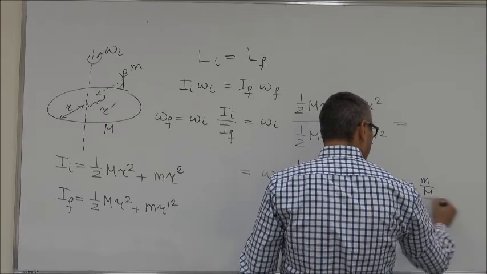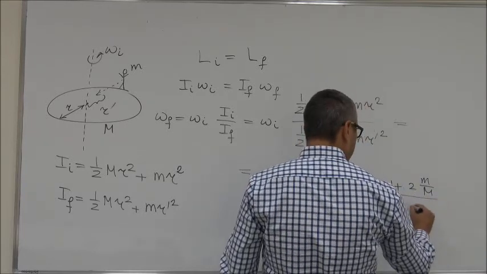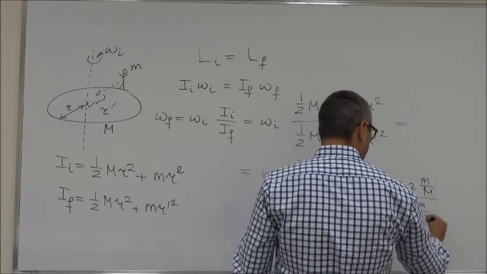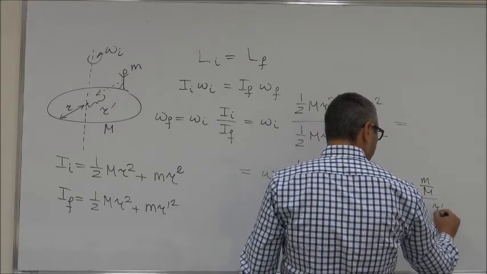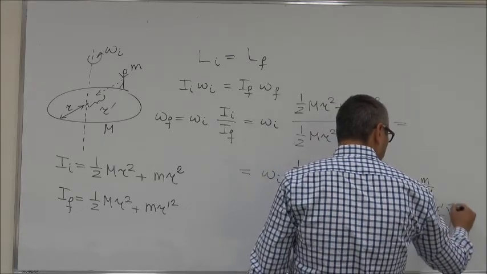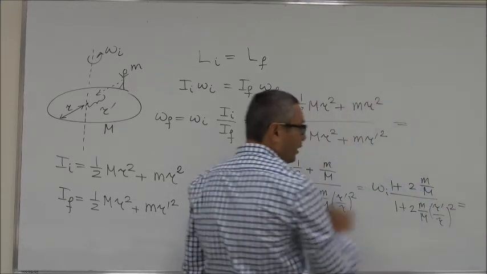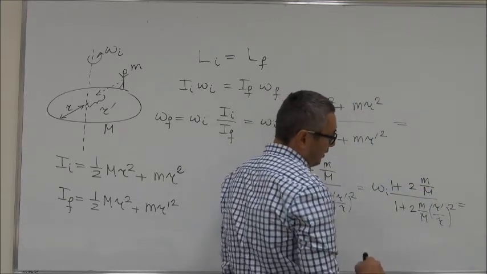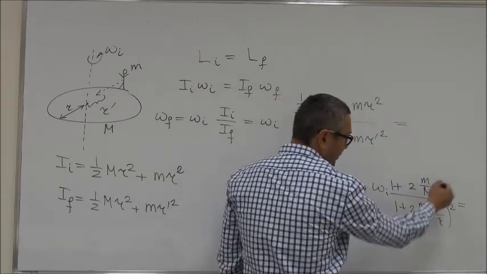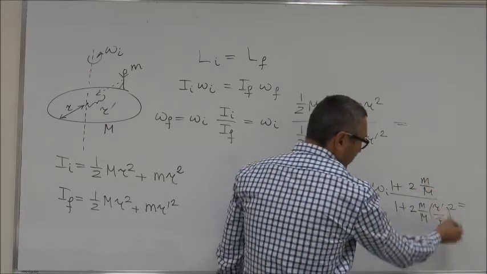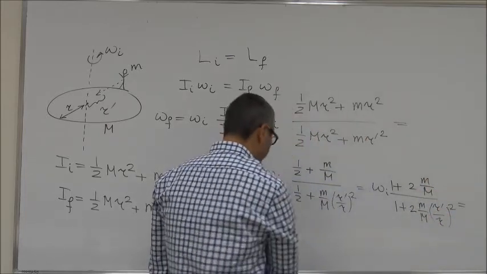So this will give you omega initial, 1 plus 2m over big M, over 1 plus 2m over big M, r prime over r, squared. The reason why this form is preferable is that this part and this part are dimensionless.